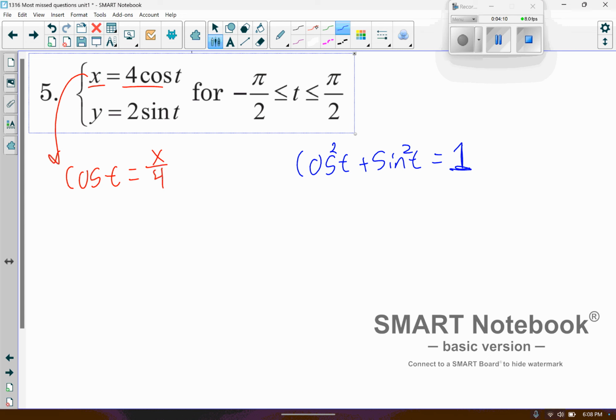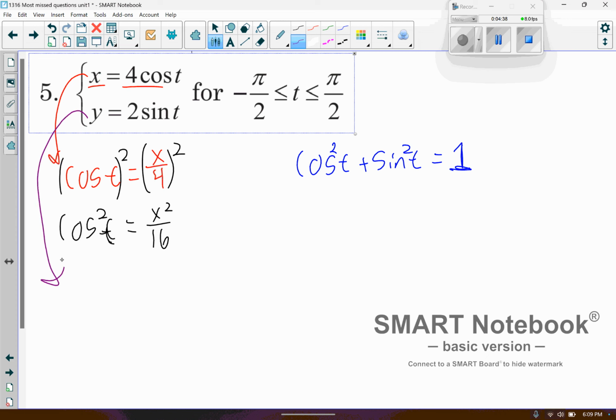No, what we want to do here is square both sides, and in doing so, now we have cosine of t squared is equal to x squared over 16. That's what cosine of t squared is. In the video we kind of talk about that.